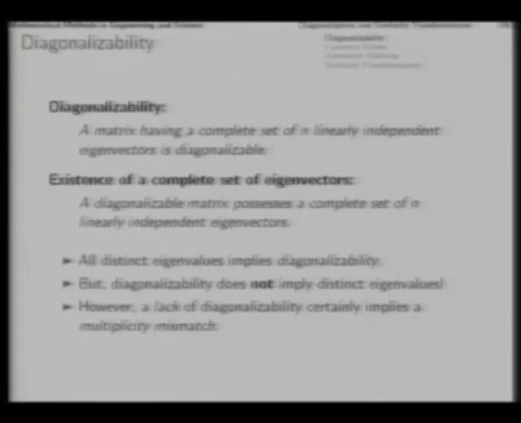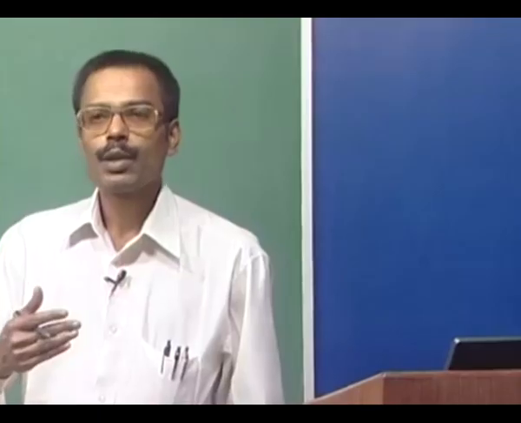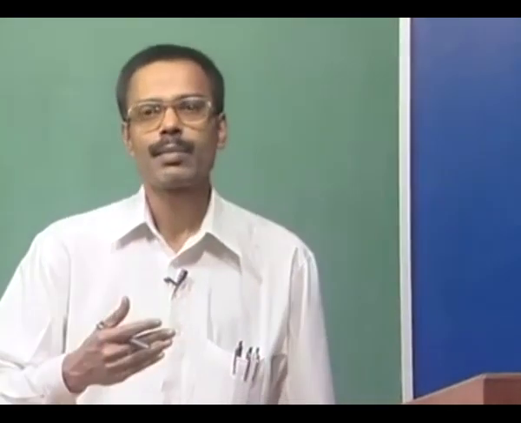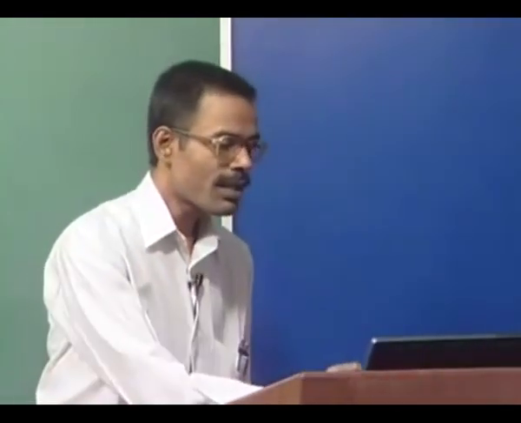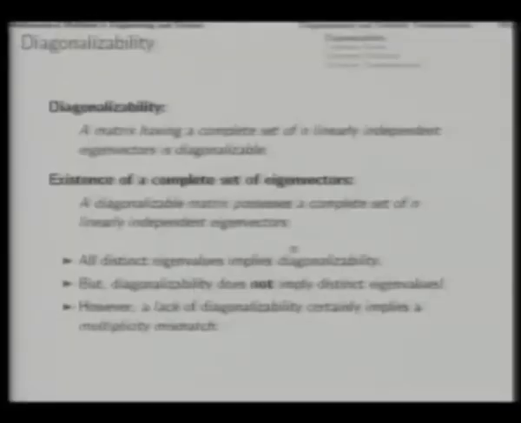However, if the matrix is not diagonalizable, then there is certainly some multiplicity mismatch, and for that the algebraic multiplicity must be greater than 1. So, we need to remember these points when we deal with matrices.